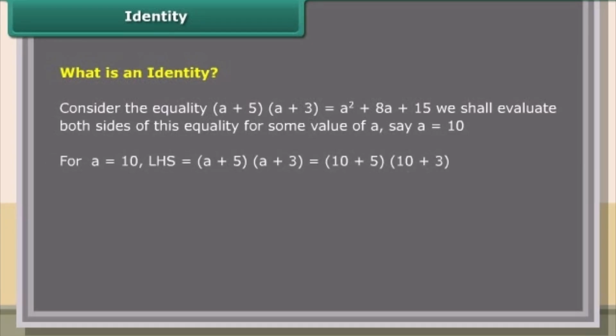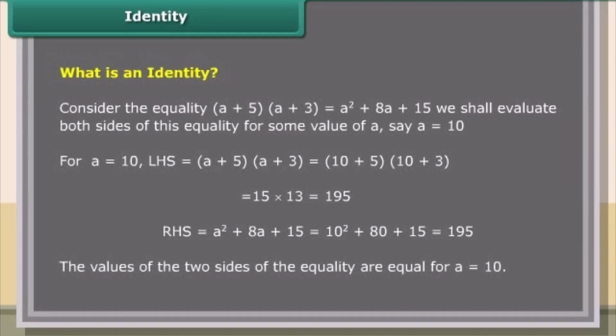For a equal to 10, LHS is (a plus 5) into (a plus 3) equals (10 plus 5) into (10 plus 3), which equals 15 into 13, which is equal to 195. RHS is a squared plus 8a plus 15, which equals 10 squared plus 80 plus 15, equal to 195. The values of the two sides of the equality are equal for a equal to 10.